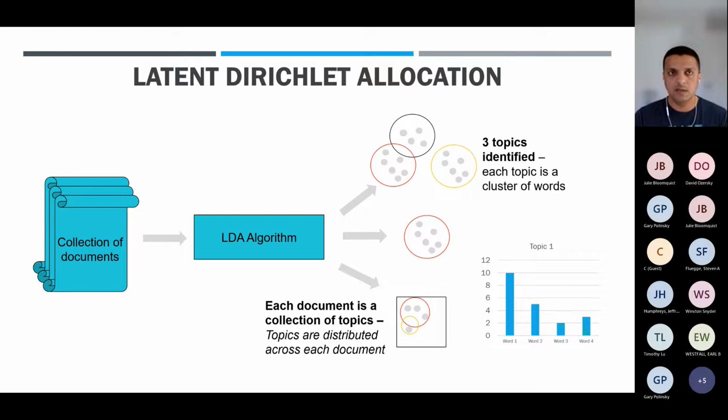At this point, what I want you to take away from the slide is that the LDA algorithm is going to identify a number of topics in the document, and it's going to tell you the distribution of those topics across these documents, and then it's going to also tell you the cluster of words, the collection of words that represents each and every topic.